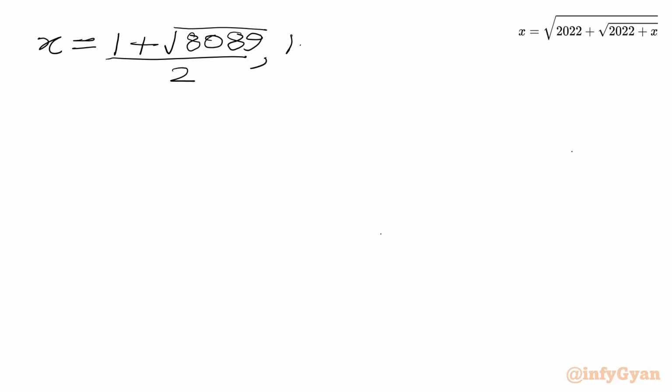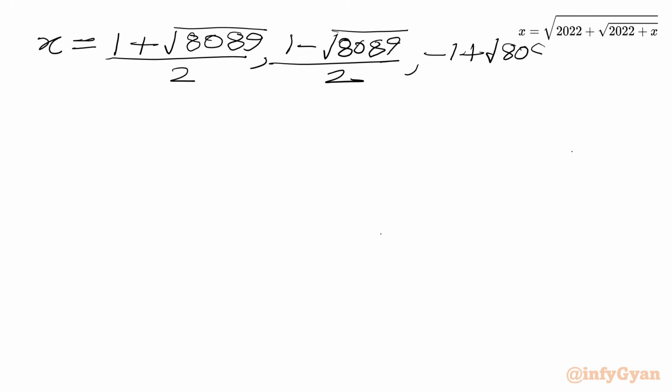Then we have 1 minus square root 8089 over 2. Then we have minus 1 plus square root 8085 over 2. And the last root is minus 1 minus square root 8085 over 2.